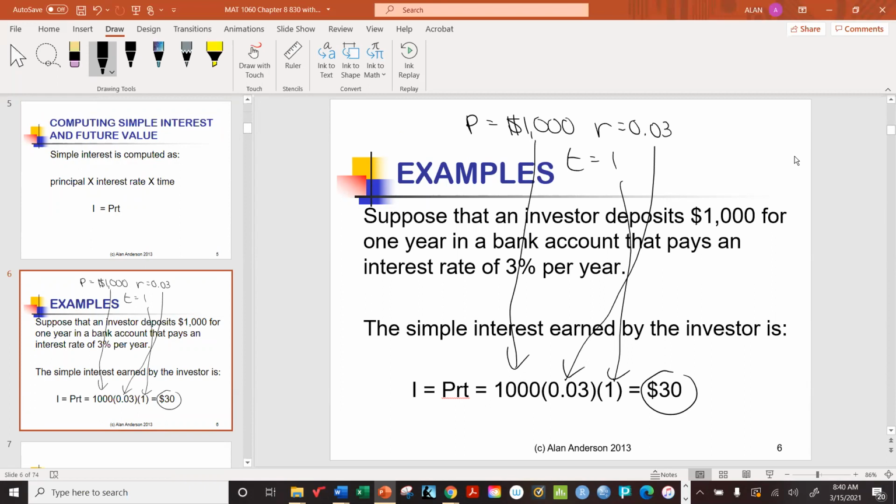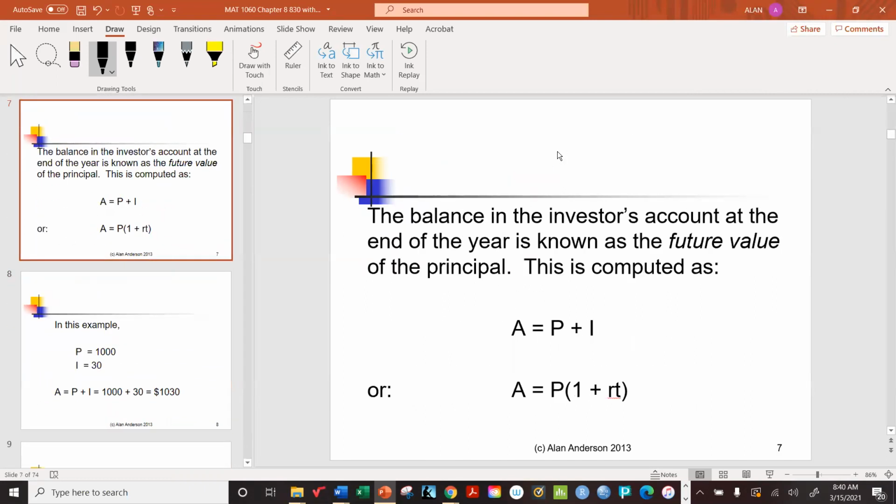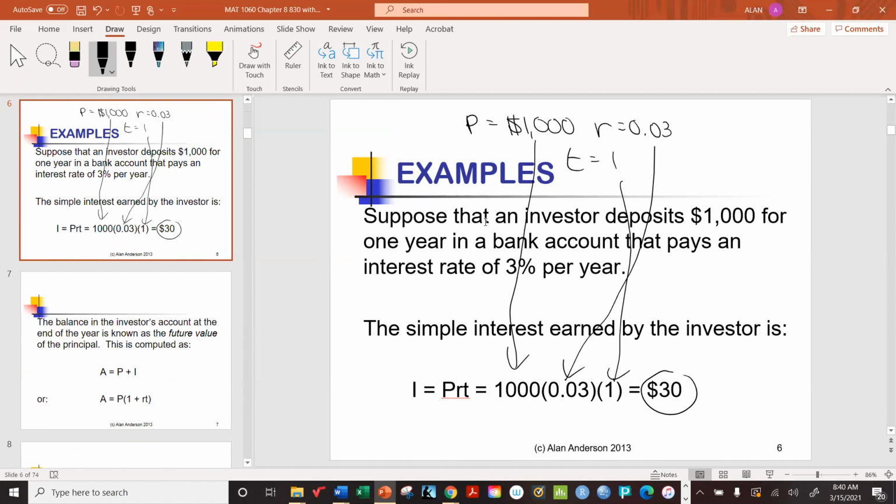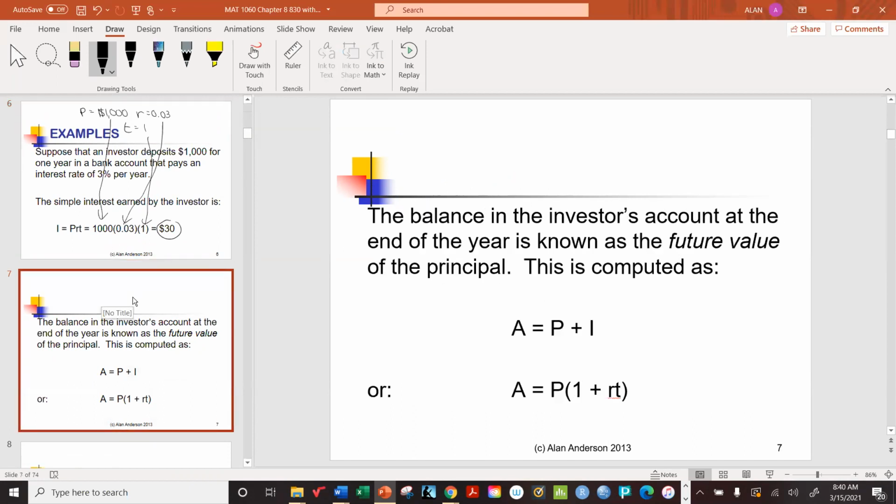Now, we also did a few other examples just to get some practice with this concept. We noted that while we're earning $30 worth of interest in this account, when the year is over, the total balance in our account will actually be $1,030. So while I equals 30, we still have our principal of $1,000.